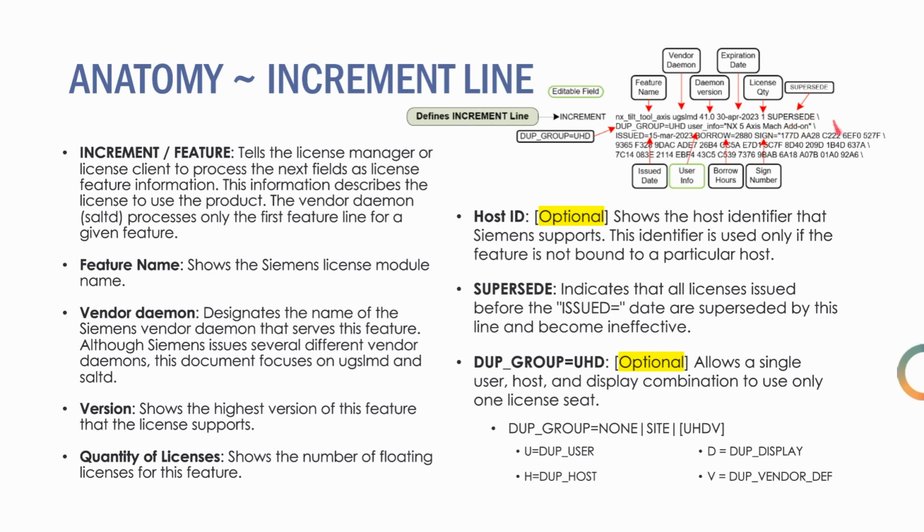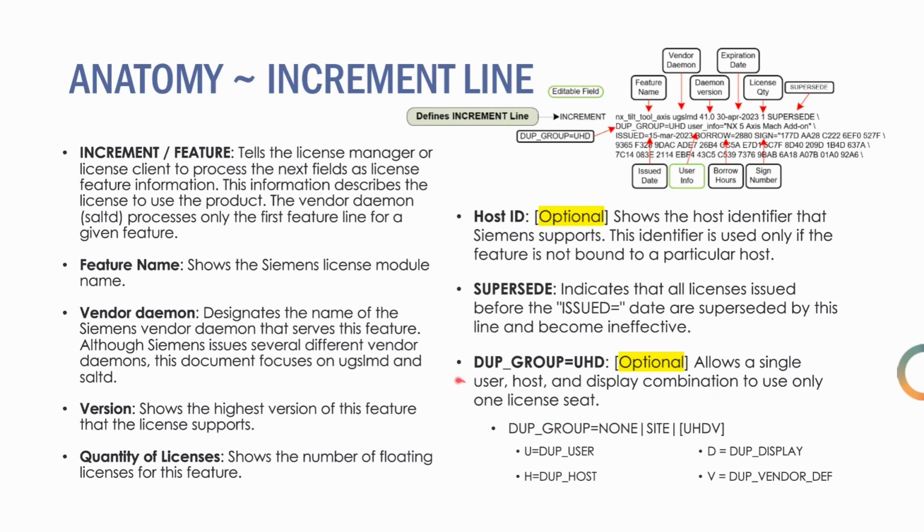Supersede basically means that from the issue date forward, all previous licenses are invalid. The dupe group UHD, this breaks down here. Basically what it's doing is, when you have a user, a display, or a host, it doesn't matter how many versions or instances of NX I start up, I'm only pulling a single license.